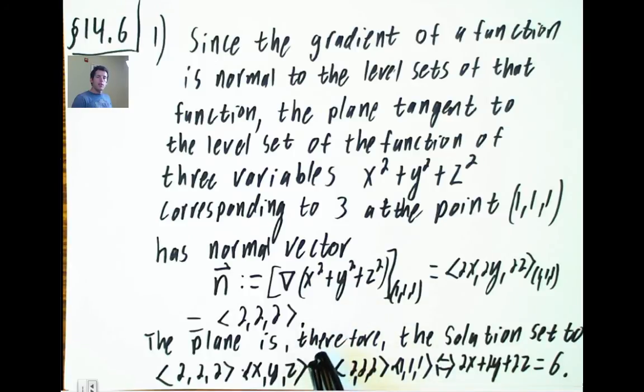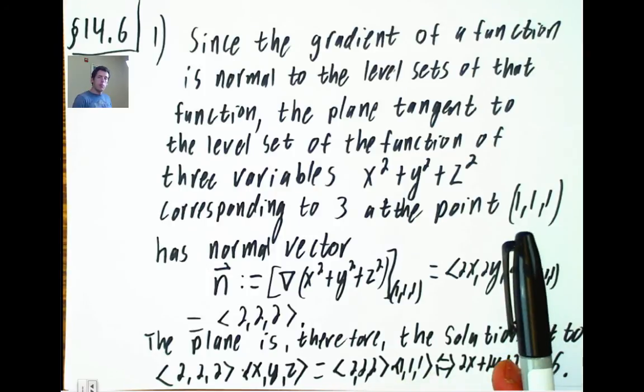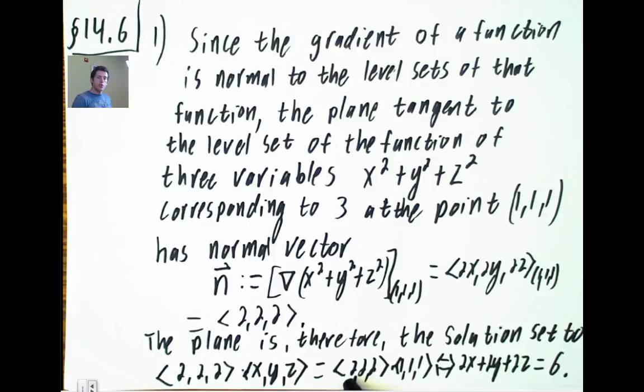Okay, the plane is therefore the solution set to normal vector dotted with x, y, z is normal vector dotted with a particular point on the plane, right? So 1, 1, 1 is a point on the plane, and 2, 2, 2 is a normal vector.